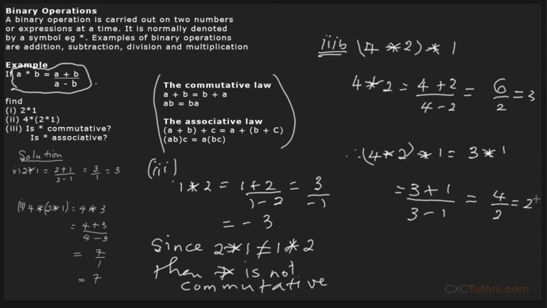And then we compare the result. Are the results equal? The answer is no. Just like we did before, we make a note: since 4 star 2 in brackets star 1 is not equal to 4 star, and we have our 2 star 1 in brackets.